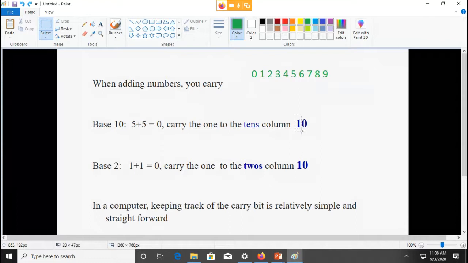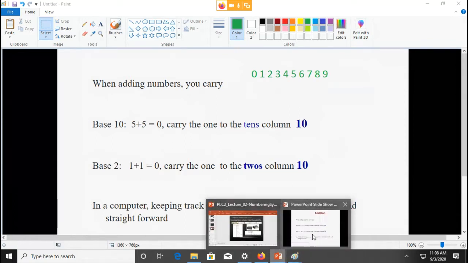So that's where we come up with the tens column, right? So you end up saying, well, this is 1 times 10 plus 0. Okay. So when you do binary in base 2, you have to do the same thing. So you have to do this carry bit.